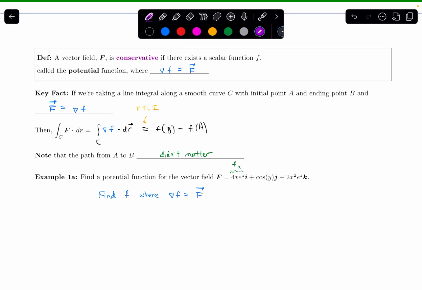And then that y component should be the partial of f with respect to y. And this z component should be the partial of f with respect to z.